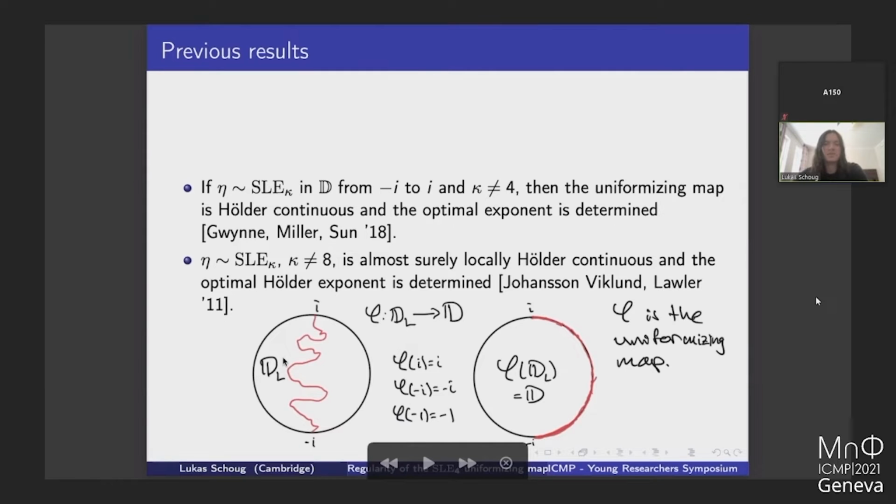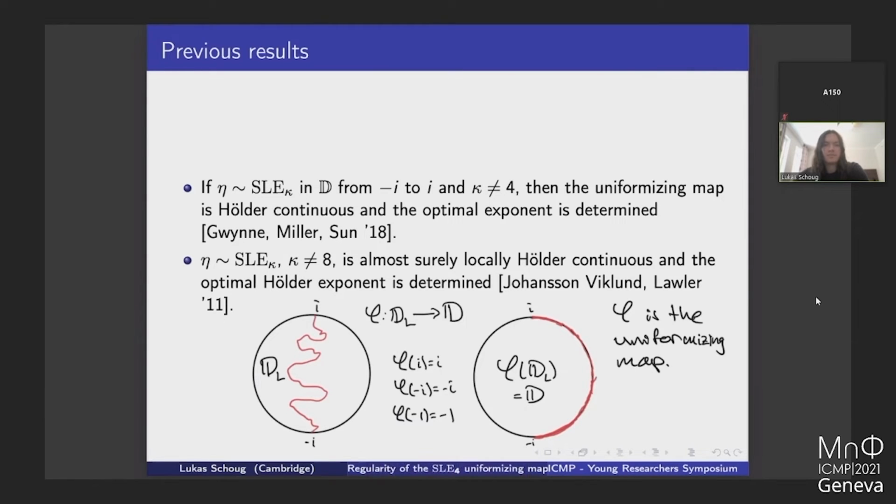And of course, things look slightly different when you take a boundary intersecting curve, that is kappa greater than 4. But you don't have to worry about that, because this image is mostly relevant because the way we define the uniformizing map is the exact same for SLE4, because it's not boundary intersecting either.